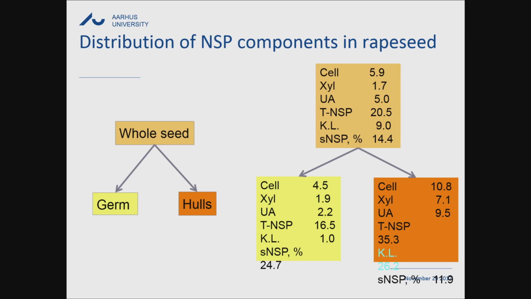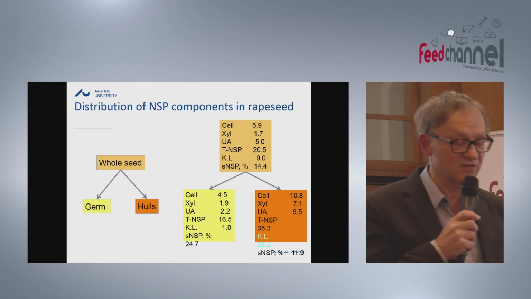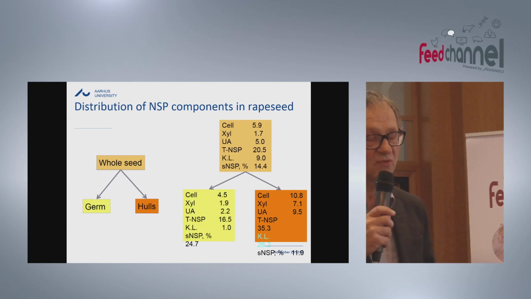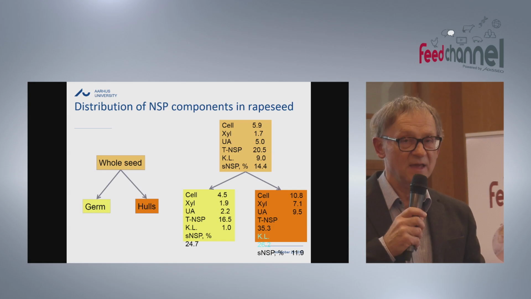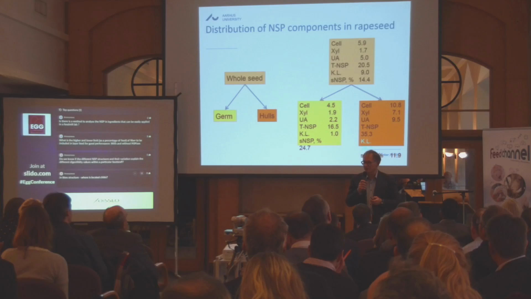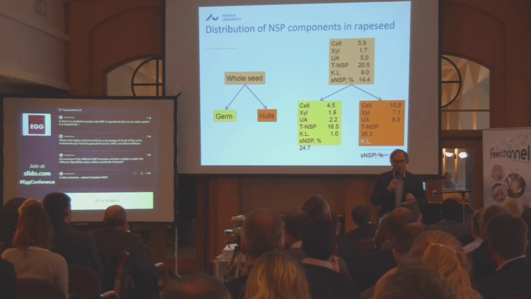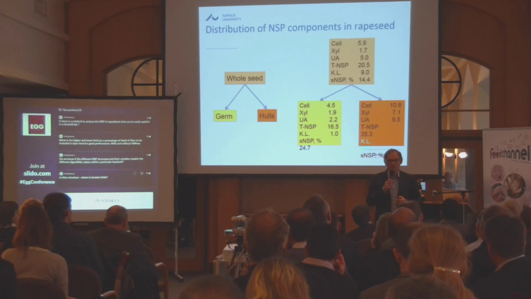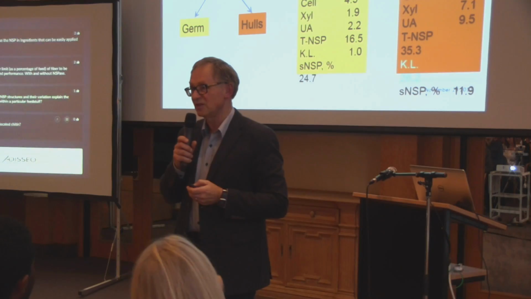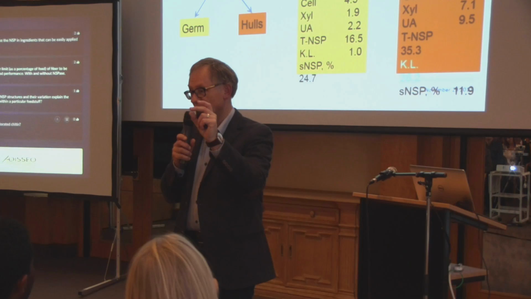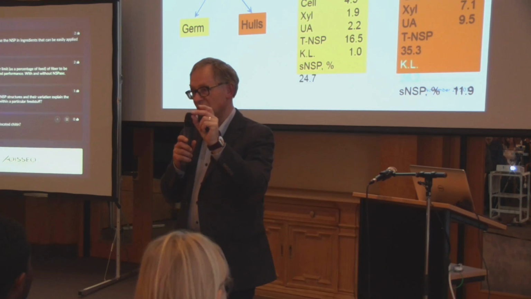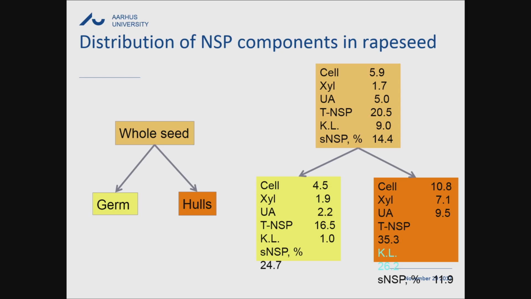So that is a big difference of rapeseeds as compared to many others. With soybeans, it's not the same picture because it's not as lignified as you see here with the rapeseeds. And for instance, last year I was at a meeting in the US and I saw that Dow were launching new varieties of rapeseeds where they have managed to breed for thinner hulls.